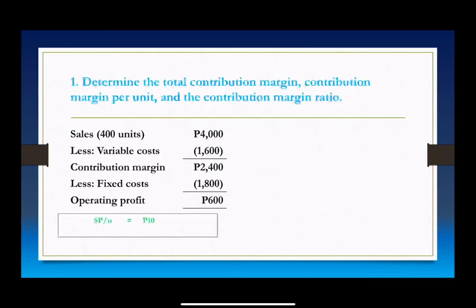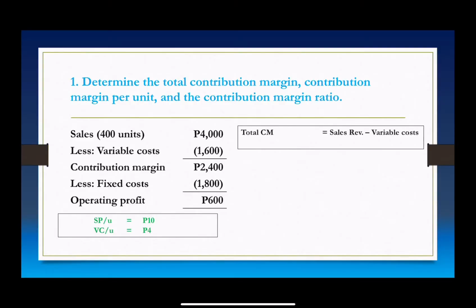Similarly, for variable cost, 1,600 divided by 400 units, that will give us 4 pesos per unit. The total contribution margin is computed by deducting the variable cost from the sales revenue. So 4,000 minus 1,600, the answer would be 2,400.